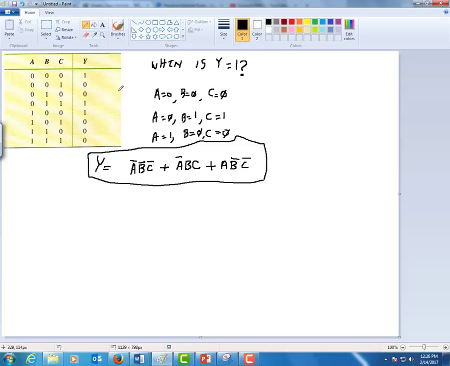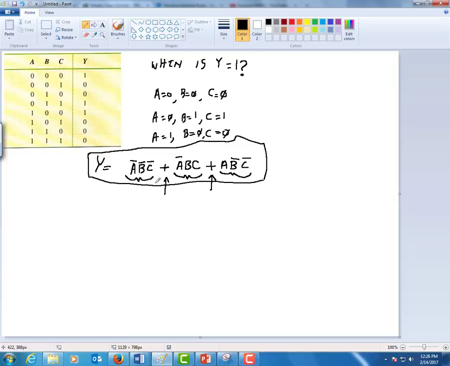Now I want to show you something. This right here is a product, all right? A dot B dot C. This term right here, that's a product, isn't it? And this term right here, that's a product, isn't it? And you're taking the sum of each of these products, because there is your plus sign.